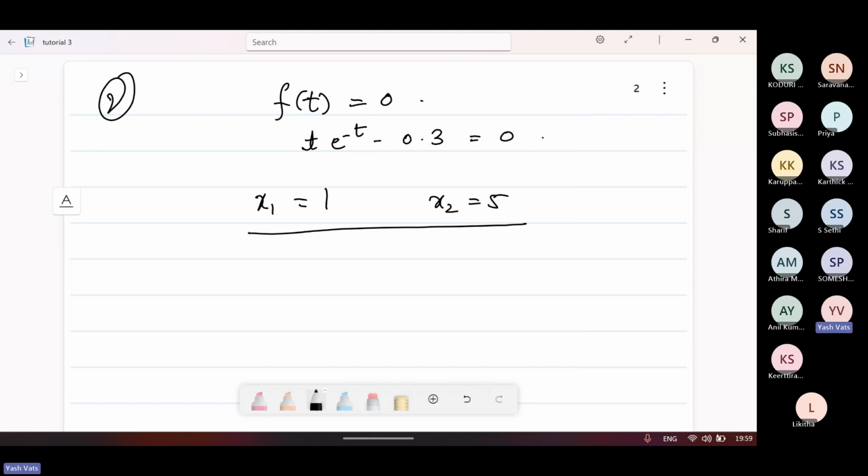Now you check the value of f at x1, f at 1. What is the value at 1?